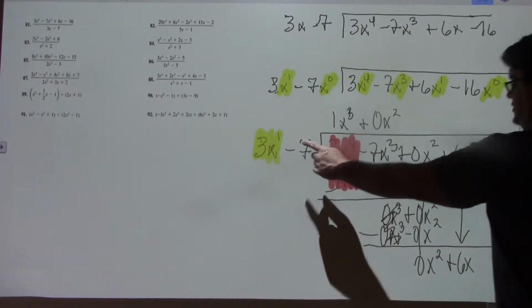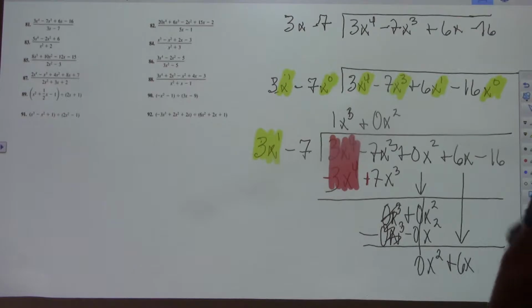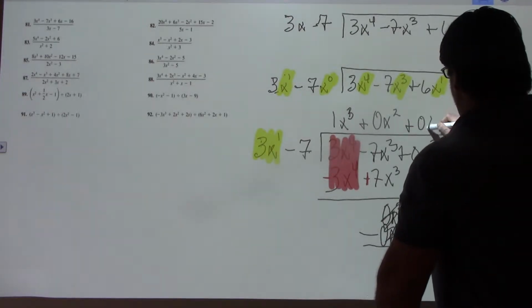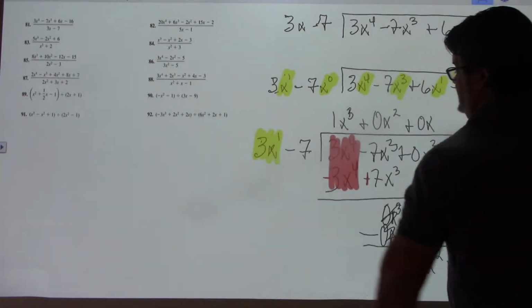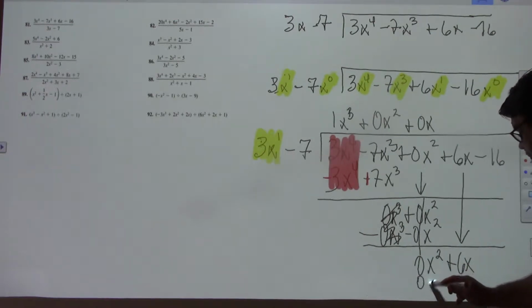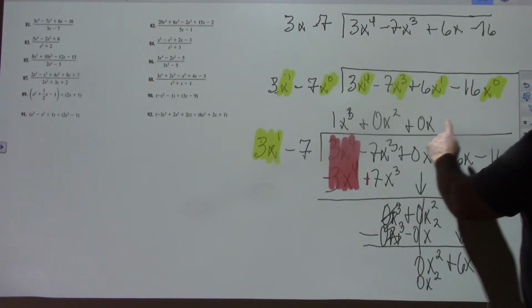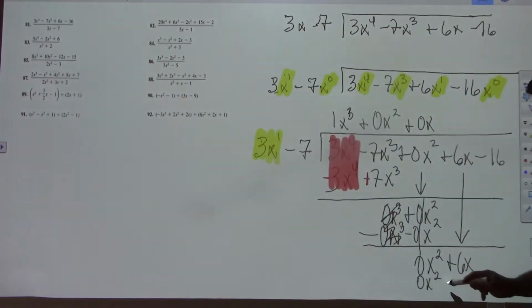3x to the first goes into 0x squared, 0x times. 0x times that is 0x squared. 0x times 7 is negative 0x. And 6 minus 0 is 6x. And the 16 comes down to help out.